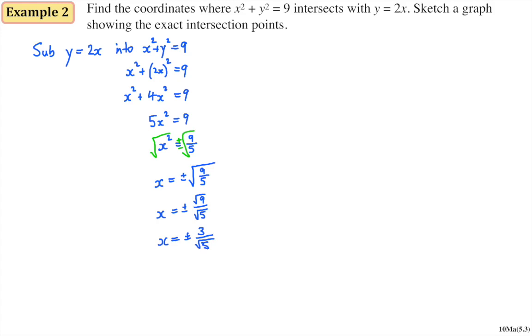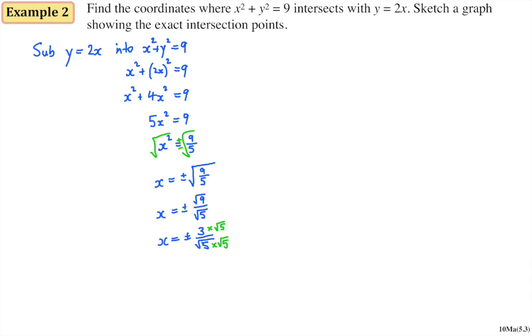Now let's also test your memories. When you're dealing with surds and we have a surd on the bottom of the fraction, we're going to rationalize the denominator. So we're going to times the top and the bottom by square root 5.